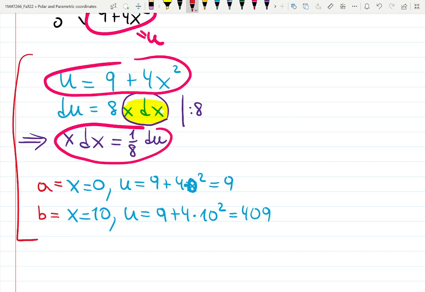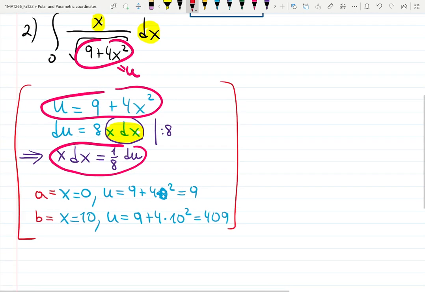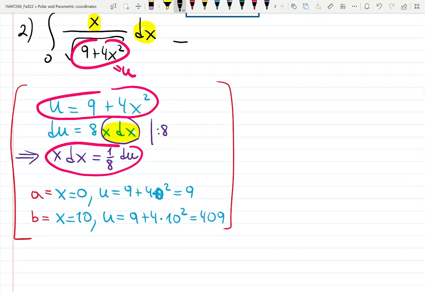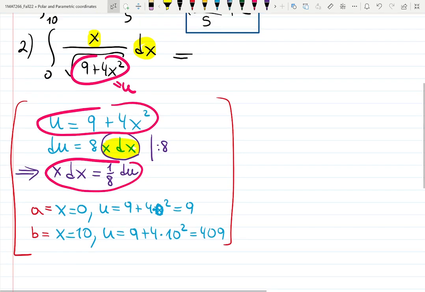This box is my u-substitution box. The integral becomes from 9 to 409. x dx in yellow, we found it as 1/8 du, then maybe kick out 1/8 outside.